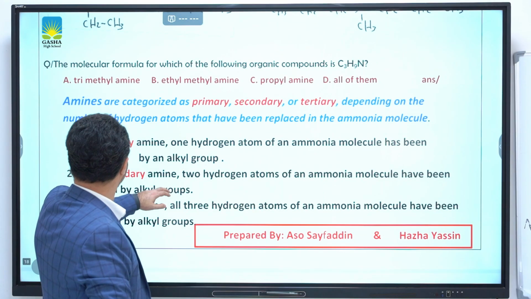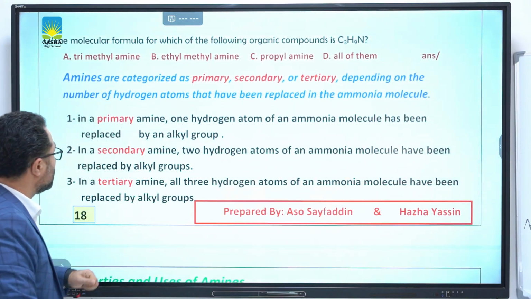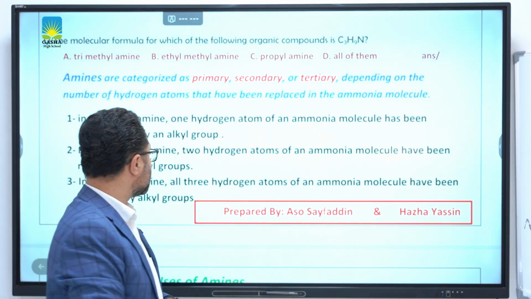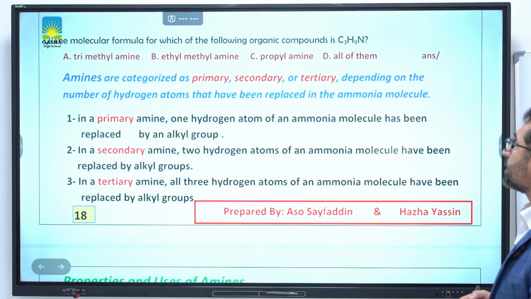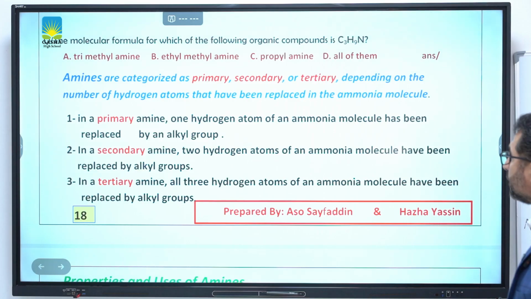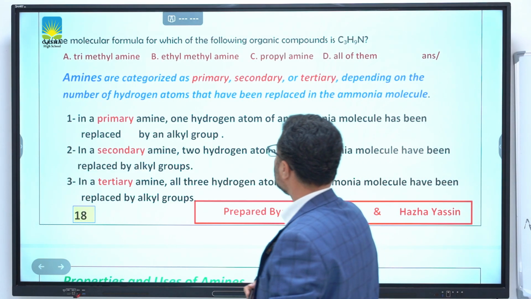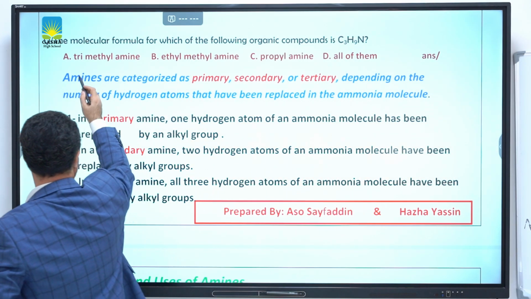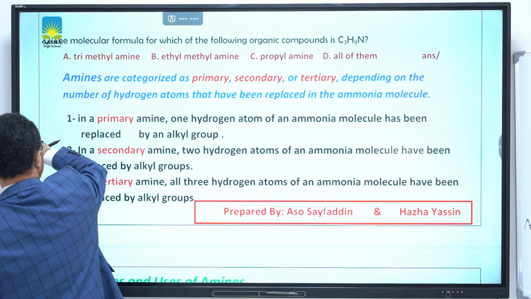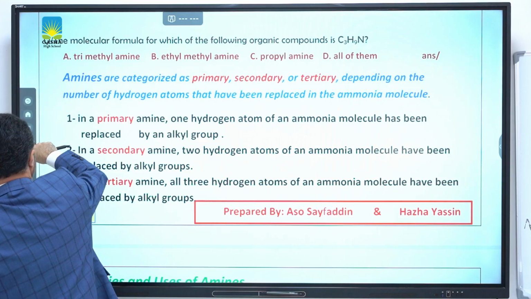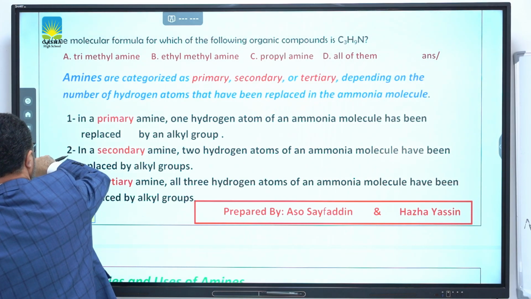We have a question here. The molecular formula for each of the following organic compounds is C3H9N. Who has 3 carbons? Here we have trimethyl, meaning 3 carbons. So A is true because it's amine.